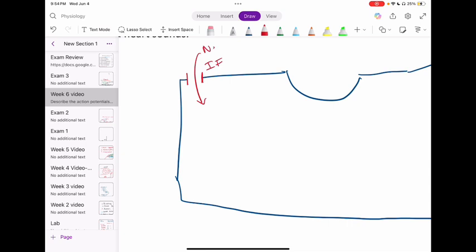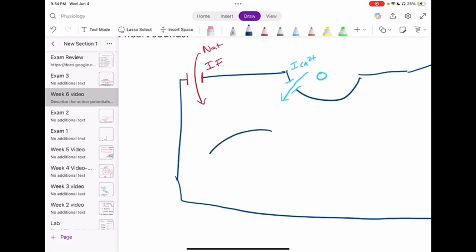What comes in through here is some sodium. And we have a few other channels going on here. We have a voltage gated calcium channel, and this actually makes up step 0.